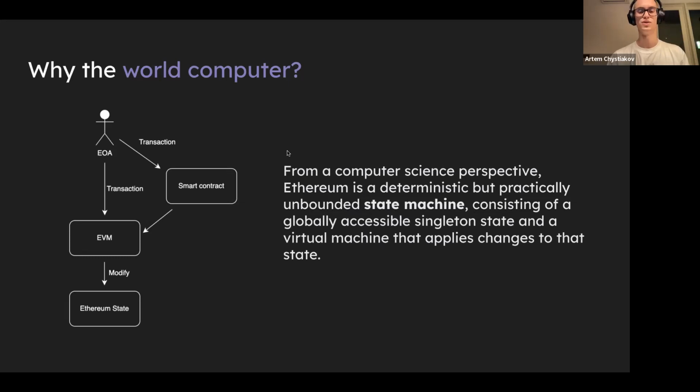And usually this payload is encoded with a special ABI encoding, application binary interface encoding, that the EVM decodes and presents to smart contracts for further interaction.